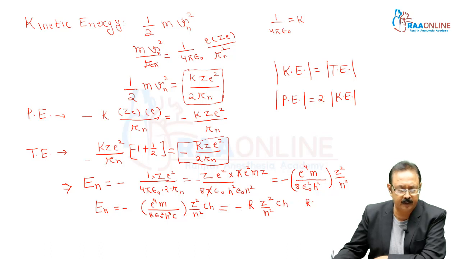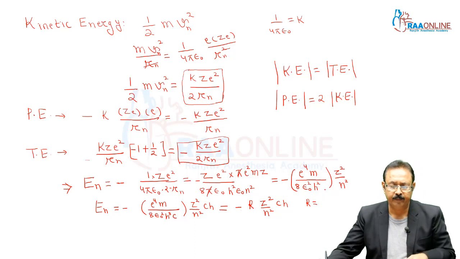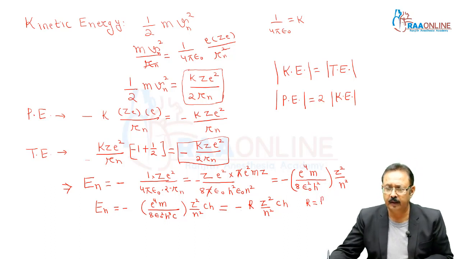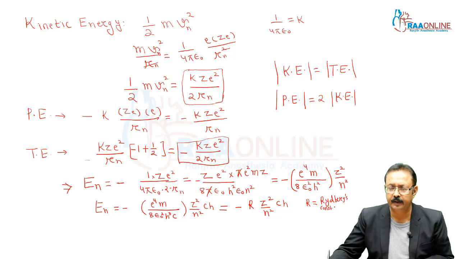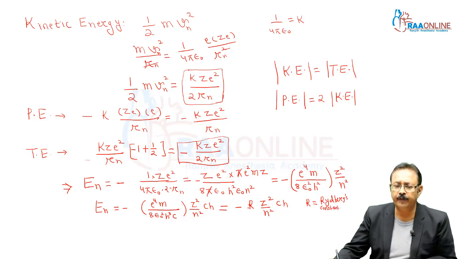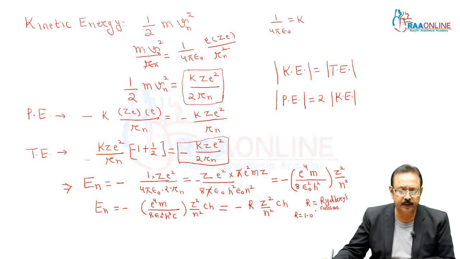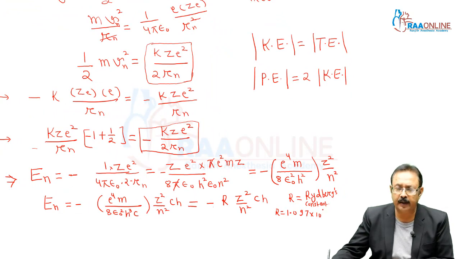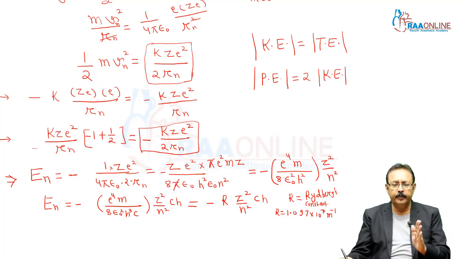If you calculate its value, you will get 1.097 into 10 to the power 7 per meter. It is known as Rydberg's constant.